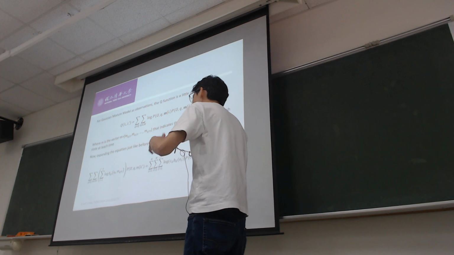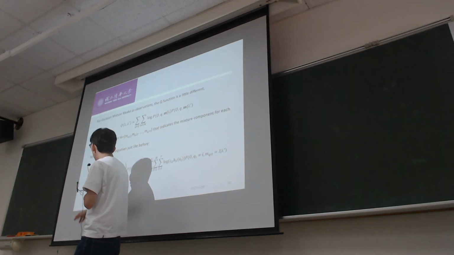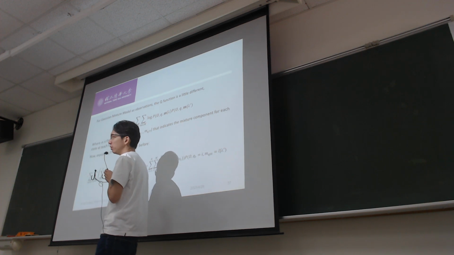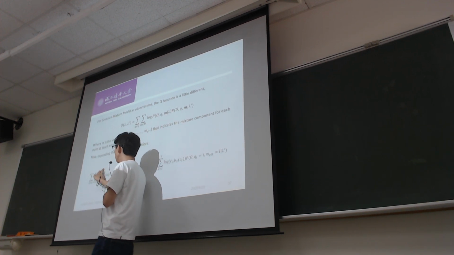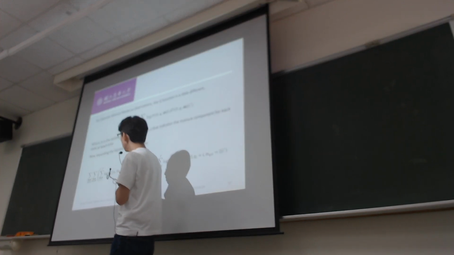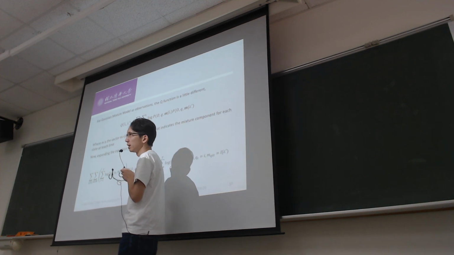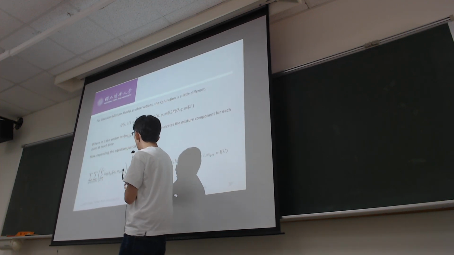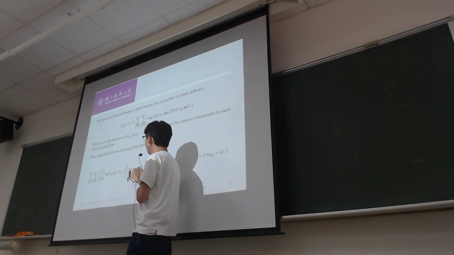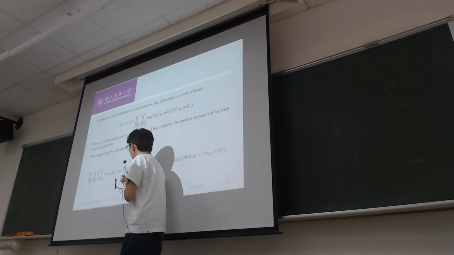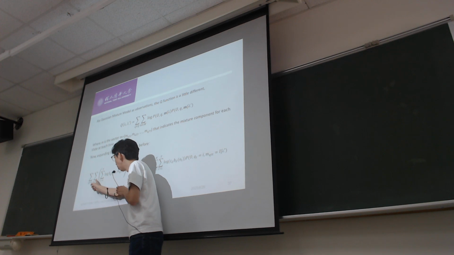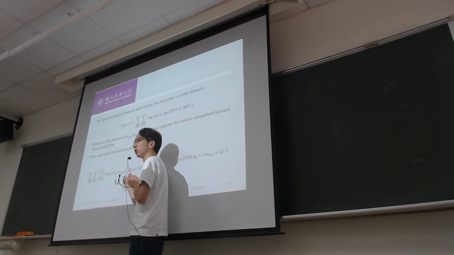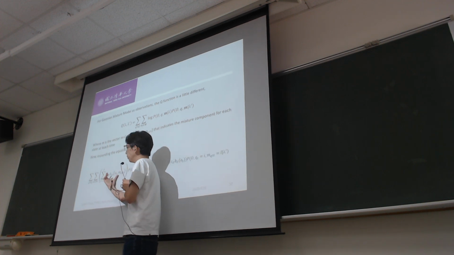One of the things you have is very similar: sum over all possible state sequences, sum over all possible mixture components within your Gaussian mixture model, sum over all the times, log of bqt ot if I know which state and which mixture it's coming from, times the probability of all q and m given lambda prime. So I know that particular mixture, that particular state, that particular observation under the guess model of this parameter.